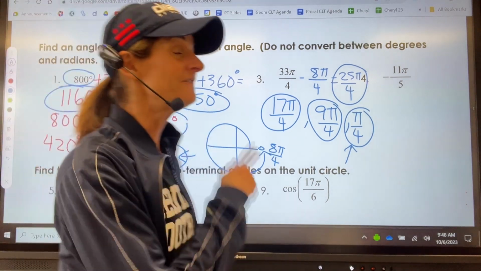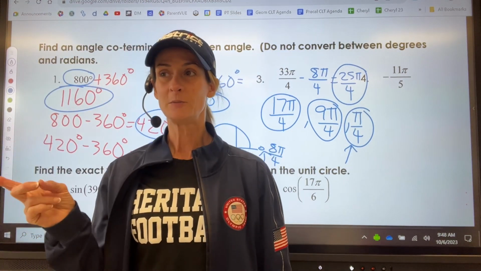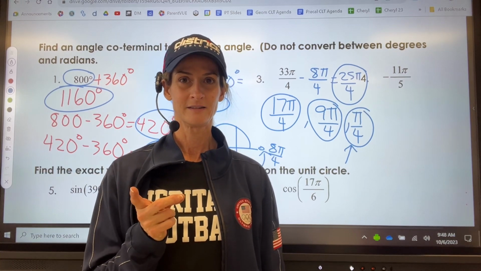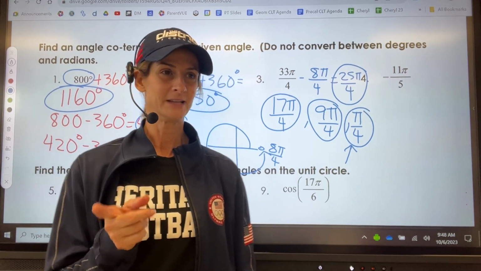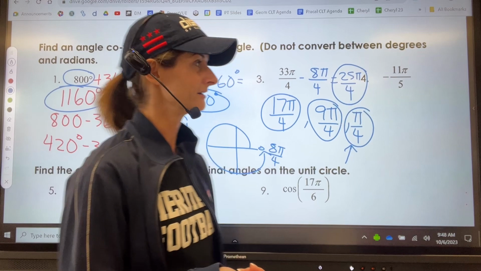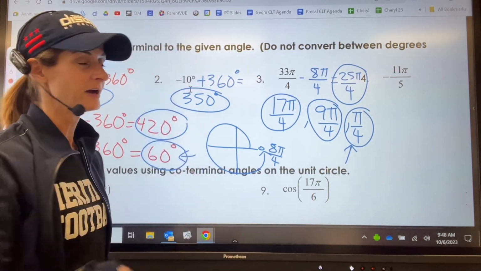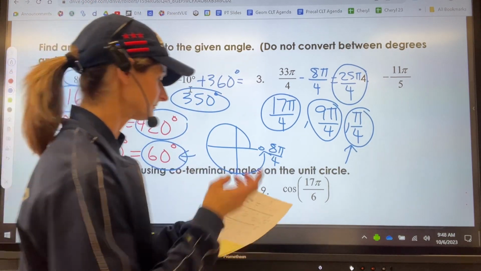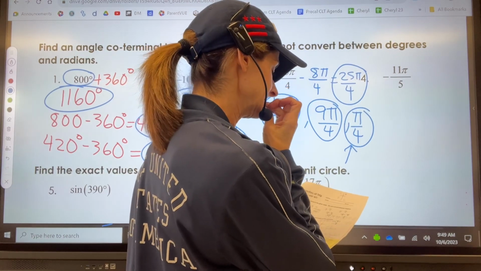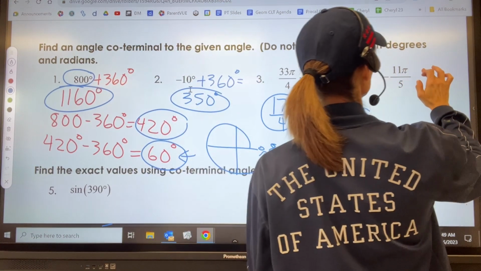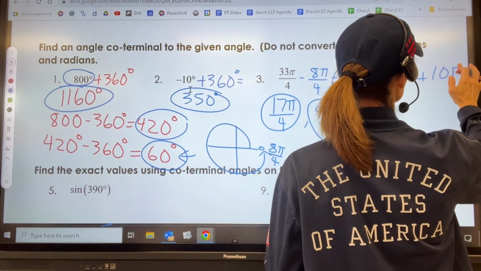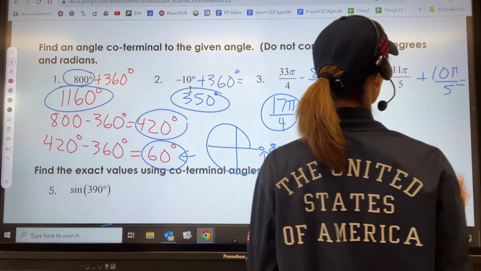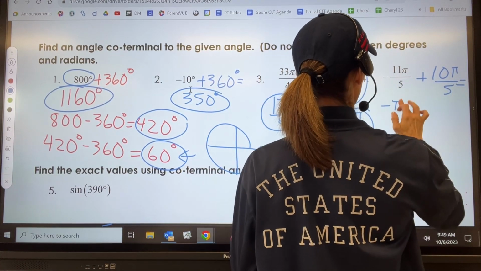Now, if we're dealing in fifths, what's 2 pi in fifths? 10 pi over 5. It's equal to 2 pi. So we're going to have to add 10 pi over 5 there. So I've got negative pi over 5.